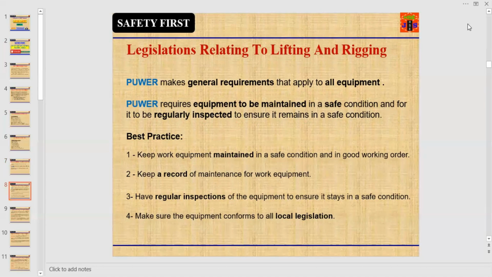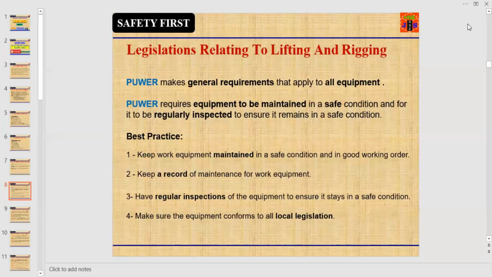PUWER makes general requirements that apply to all equipment. PUWER requires equipment to be maintained in a safe condition and to be regularly inspected to ensure it remains in a safe condition. Best practices may include: number 1, keep work equipment maintained in a safe condition and in good working order.